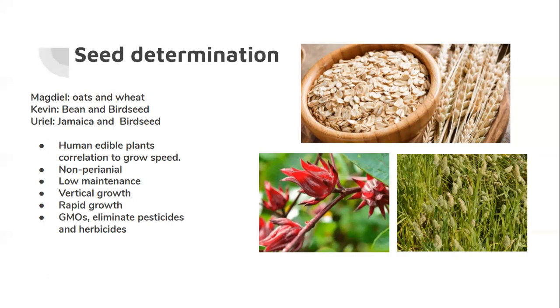This is very helpful because when we measure our plants, we won't have to deal with issues like different branches or many leaves. We are also trying to use GMOs in order to eliminate pesticides and herbicides, to have a plant that will grow with not much interaction from our part.